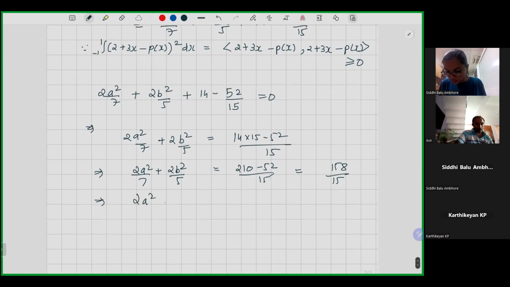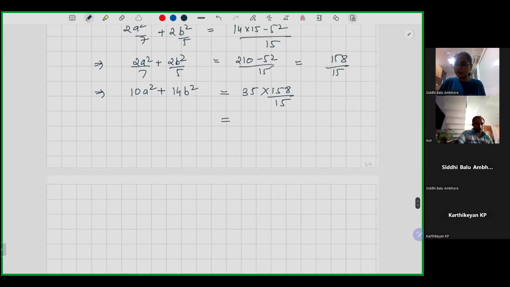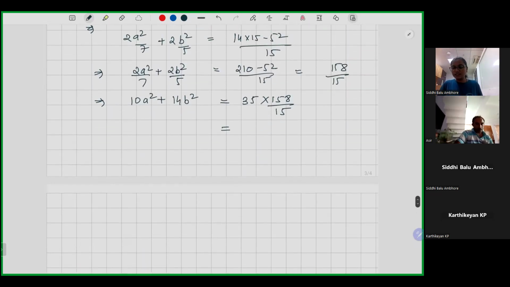So 2a square plus 2b square, which is 10a square plus 14b square is equal to 35 into this 158 by 15. And this will be some number, and then it will give us the minimum possible values of a and b.